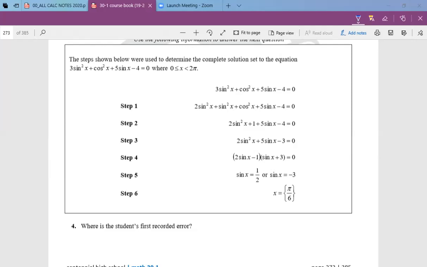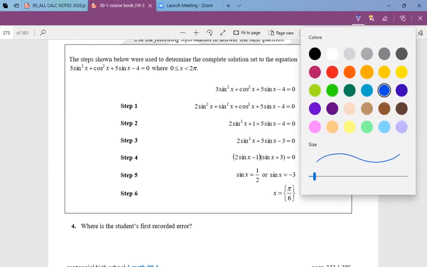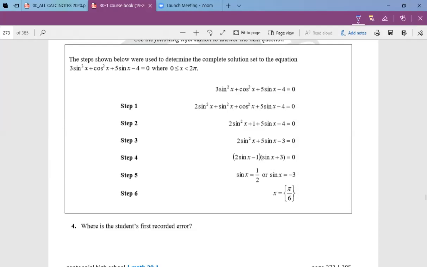We could convert cos squared into 1 minus sine squared. We could do that. In this case, what was done in this question is this 3 sine squared was just broken apart into 2 sine squared plus sine squared. And the reason that the author of this solution wanted to do that is because they want to group those together, because we know that sine squared plus cos squared is 1.